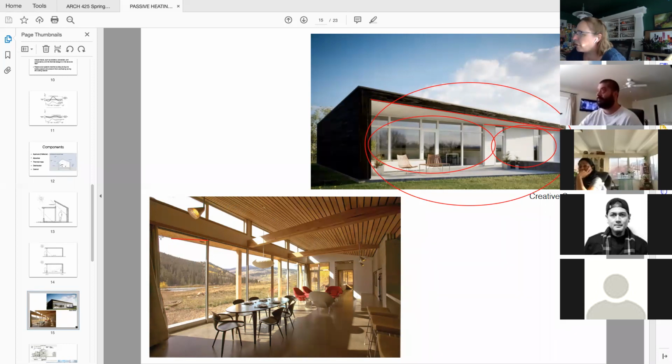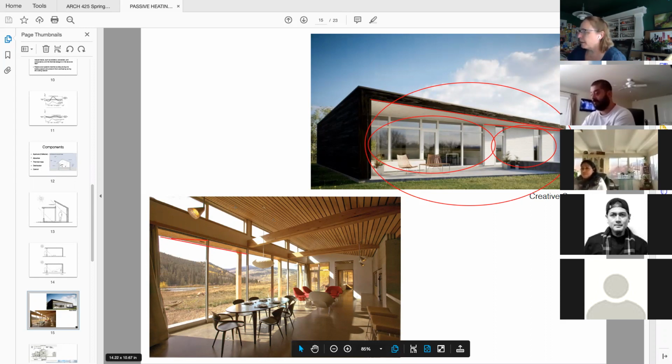But this overhang depth is what's calculated to keep the summer sun out, but short enough to allow the winter sun to come in. And again, we're looking at those solar sun angles. You looked at them the very first week in class, and that angle is dependent on your latitude and the time of year that it is.